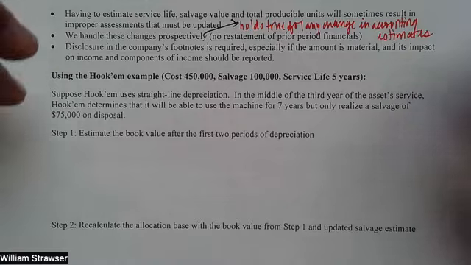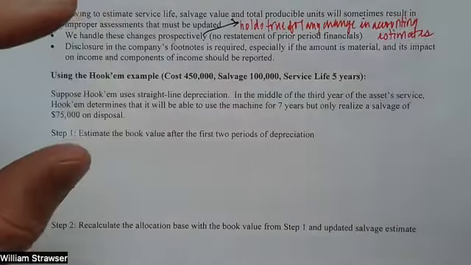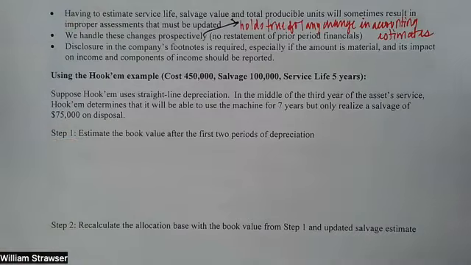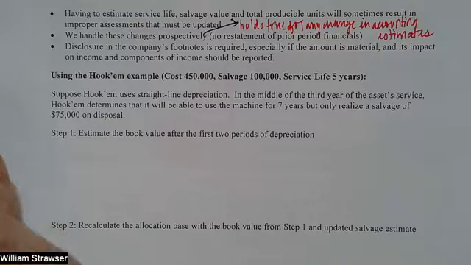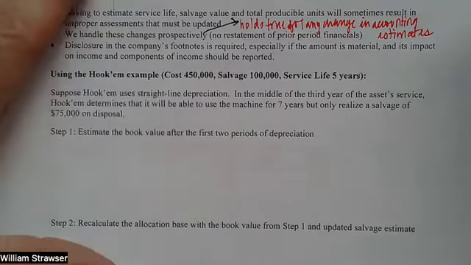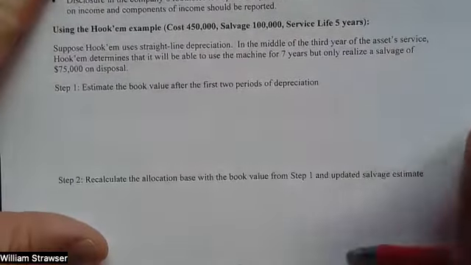It would say basically last year our depreciation expense was based on an assumption of X number of years. We updated that to Y number of years. This is the change going forward in the depreciation expense that we're going to recognize per year. Pretty straightforward. I'm going to show you an example of this.